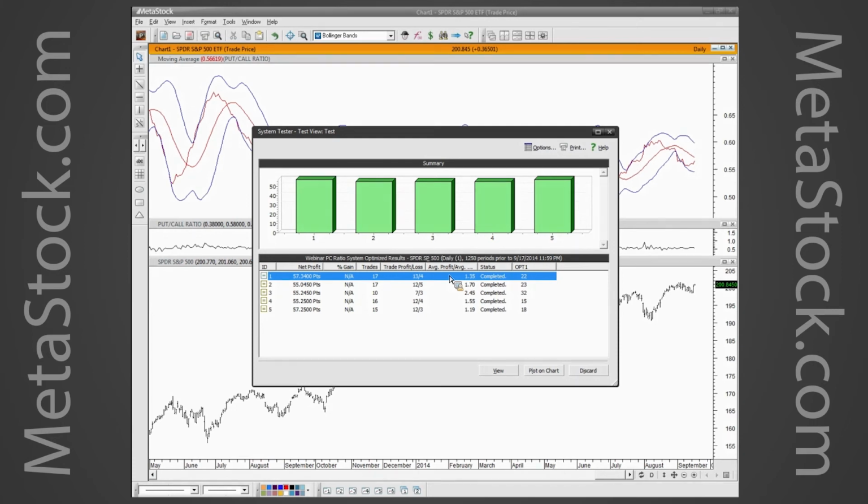Sometimes you'll test a system that can show a very high net profit, but that profit may have all come from a small number of trades. So this average profit or loss, or the trade profit and loss ratio, might not look so good.